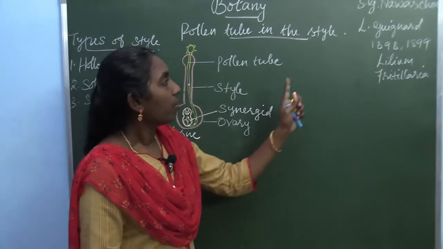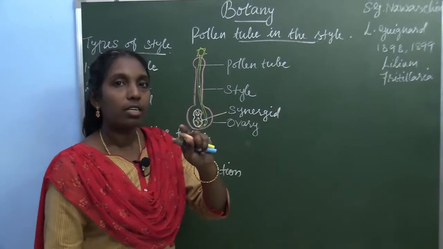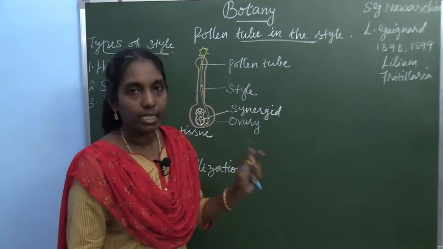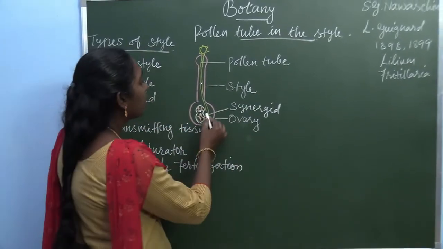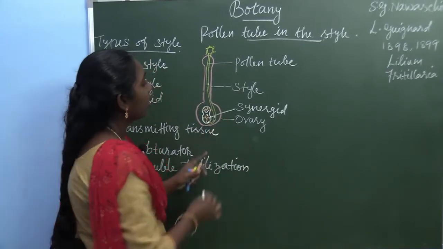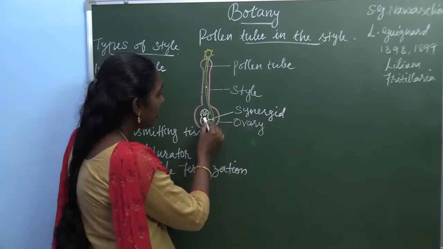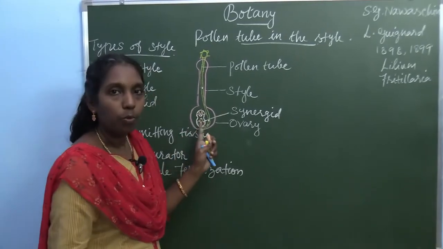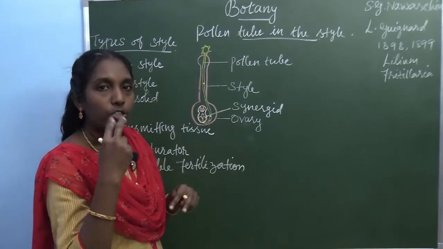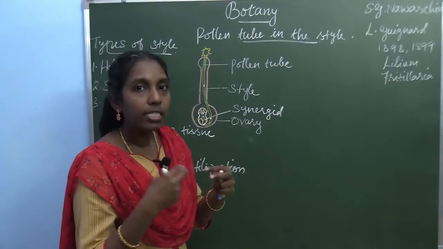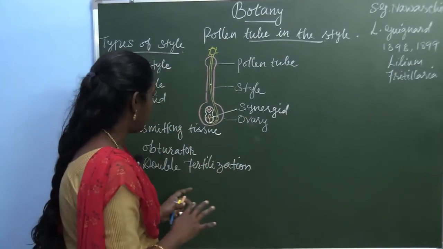So, in double fertilization, there are two fusions taking place. What are they? There are 2 male gametes carried by the pollen tube. One fuses with the egg, another fuses with the polar nuclei. So, 2 times fusion taking place is called double fertilization.